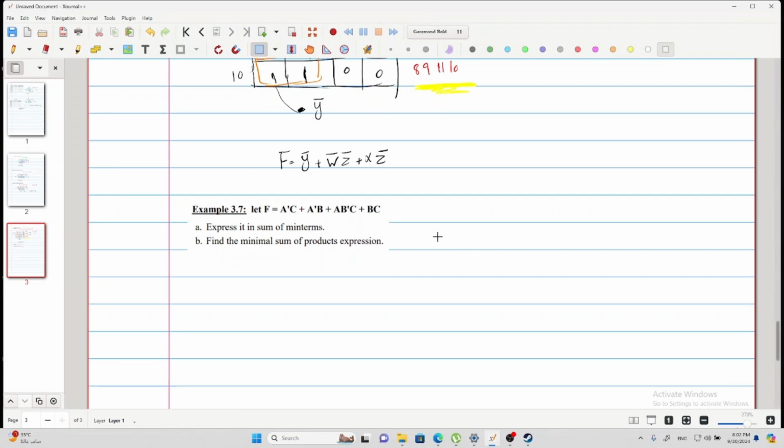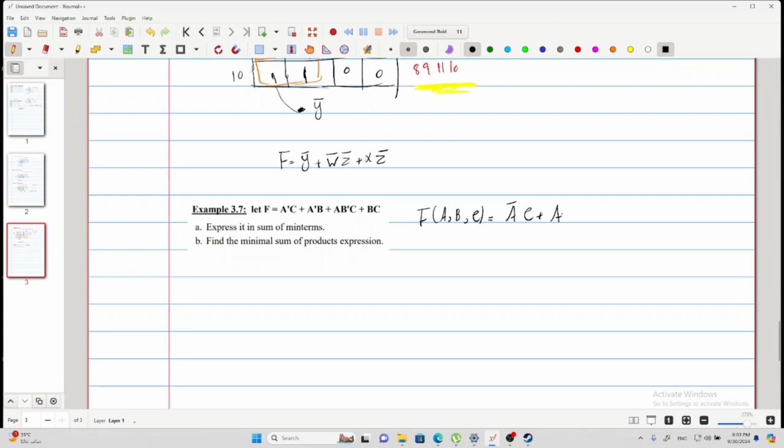Well, the definition of a minterm says that in each term, each variable has to appear at least once. So here we can write this function as f of A, B, C is equal to... this is the order we have to follow, A, B, and C, because the order matters a lot.